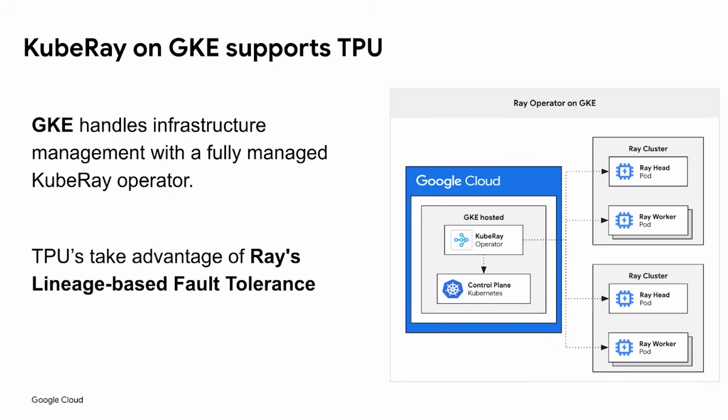We bring this with the KubeRay operator on GKE, and GKE handles the managed KubeRay operator, which is now supported for TPUs, along with logs and metrics. This also supports your Dynamic Workload Scheduler. That full ecosystem is provided with other kinds of AI/ML distributed workload orchestrators such as KubeRay.